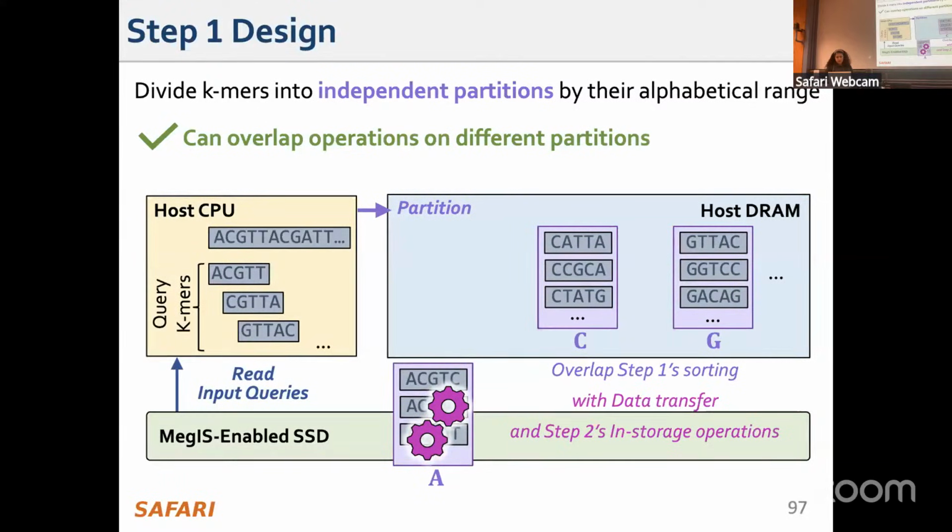The other benefit, which I'm not showing in this slide, is that because we are working with these partitions, if the DRAM space is not large enough in the host, we can pin some of it in the host DRAM and pin some of it in the SSD. This way, we don't need frequent swaps for all k-mers all the time. So this technique is very useful for leveraging the best of both worlds while hiding the communication between them and also not incurring writes to the SSD.